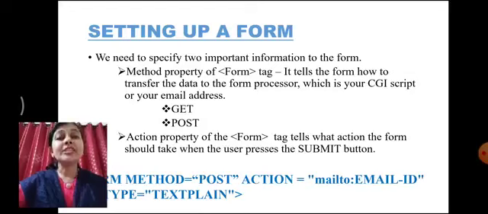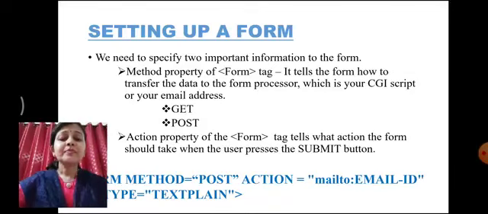The methods are get and post. If the method property of the form is set to get, then the data in the form is given to the form processor in the form of a query string. It will be displayed as a query string.